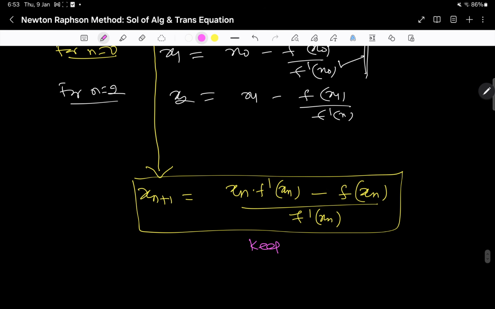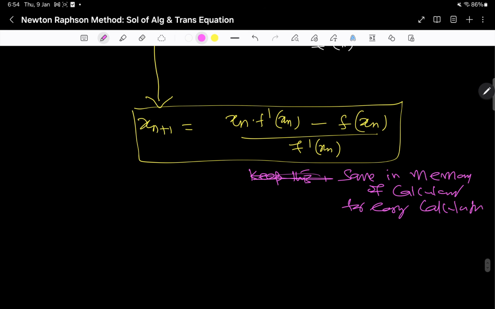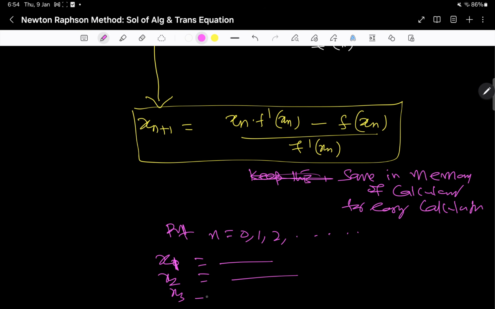Keep this formula, save it in the memory of the calculator for easy calculation. Then subsequently put n equal to 0, 1, 2 and so on to get my x1, x2, x3, like that.